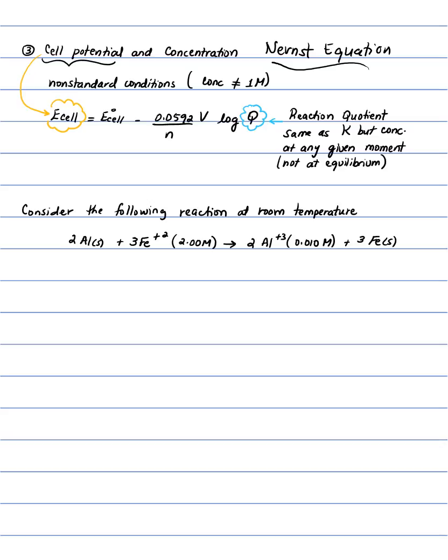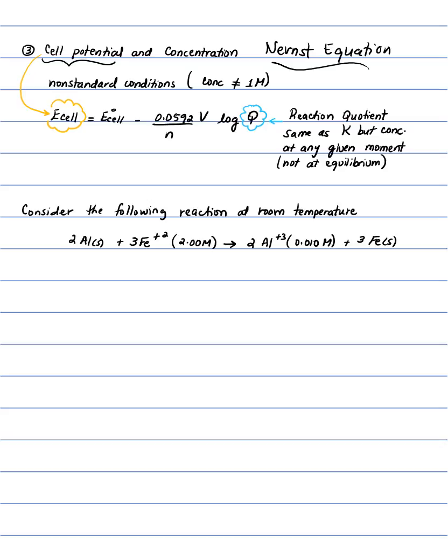So we're actually doing a correction to that value. You will get a different value because now the concentrations are not equal to 1 molar. The second term is the same that we used in the previous equation, 0.0592 volts divided by n, which is the number of moles of electrons that are being transferred in your reaction. And now we have something different here: the log of Q.